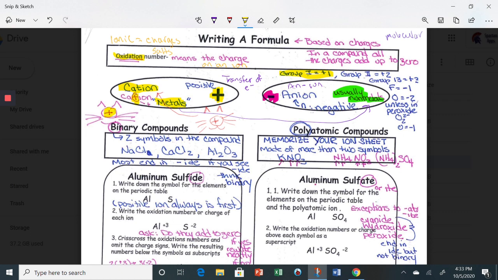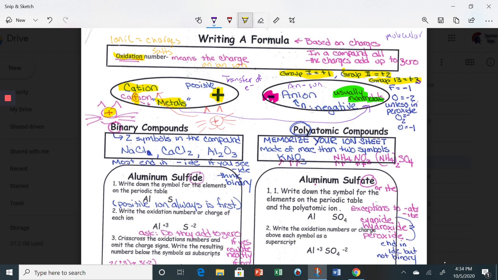Anything in group 1, if it loses its electron, it'll end up a positive 1 charge. A group 2 will be a positive 2. A group 13, which is under aluminum, will be a plus 3. Ooh, that 3 didn't come out very well, so let me rewrite that. There's a 3 there. Okay, plus 3.